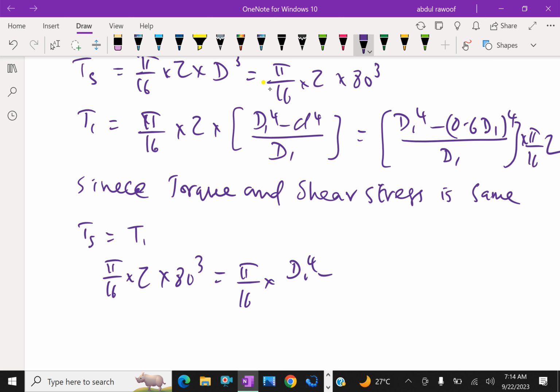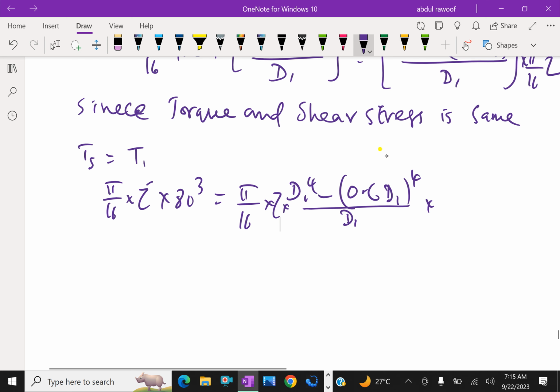Pi by 16 into tau cuts on both sides, then we can write 80 cube equal to (D1 power 4 minus 0.6 D1 power 4) over D1.